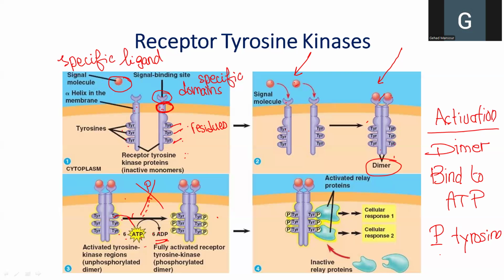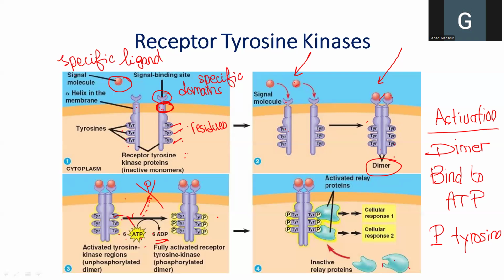And after the tyrosine residues have been phosphorylated, as you see in picture number 4, the relay proteins that will induce different cellular responses will be activated by being phosphorylated.